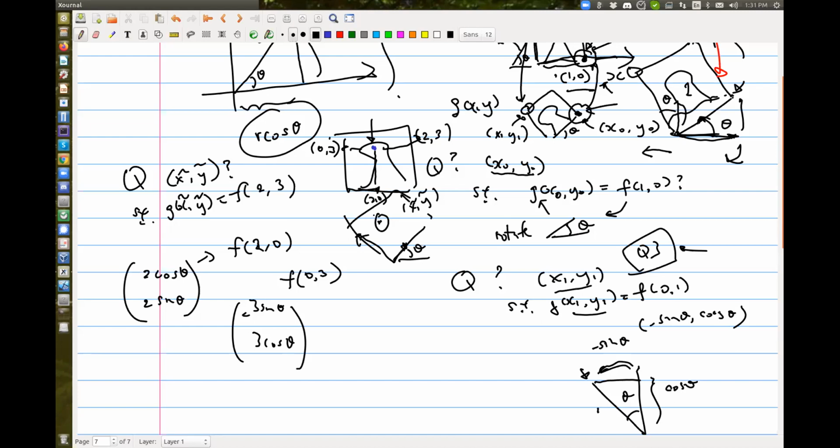So therefore, we can write in general what the rotation is.